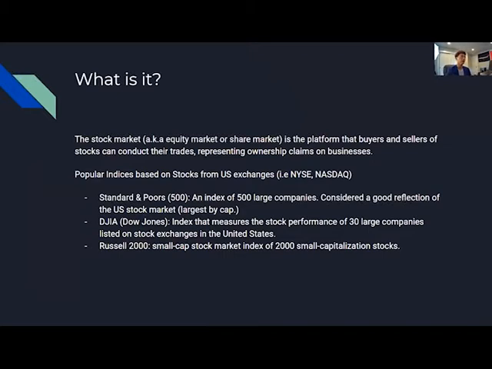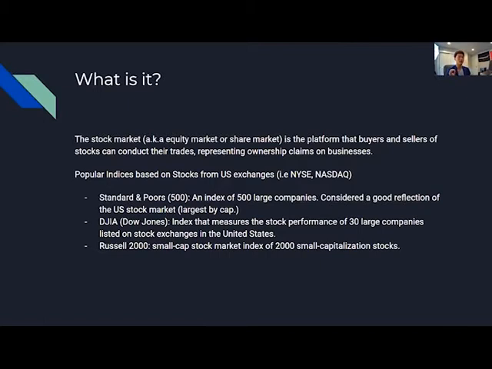As I mentioned, some of the popular indices based on stocks from US exchanges include the S&P 500, or Standard & Poor's 500, the Dow Jones Industrial Average, and the Russell 2000. Each of these has its own little segment or group. A lot of people say that the Dow Jones covers a lot of technology stocks.